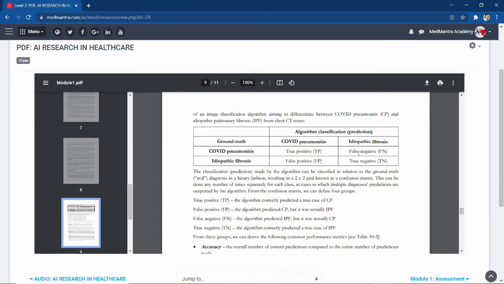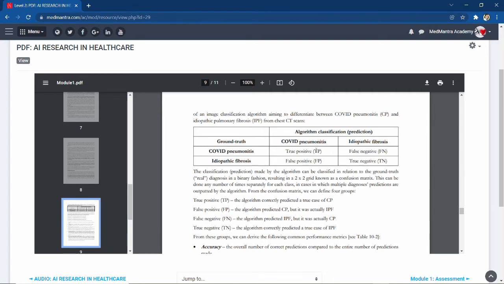Whenever looking at the confusion matrix, always look at this diagonal. This will give the true values, the true positive and the true negative, which are actually the correct classifications by the algorithm. So always look at the diagonal values.